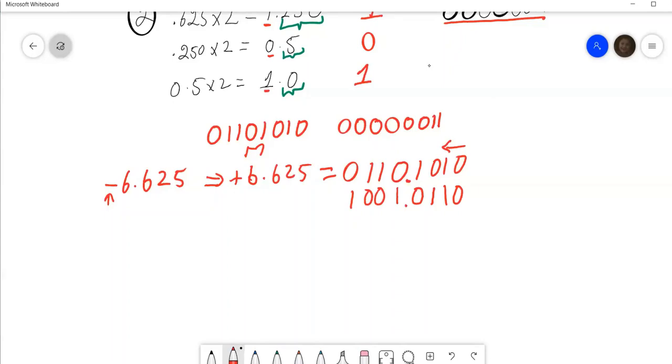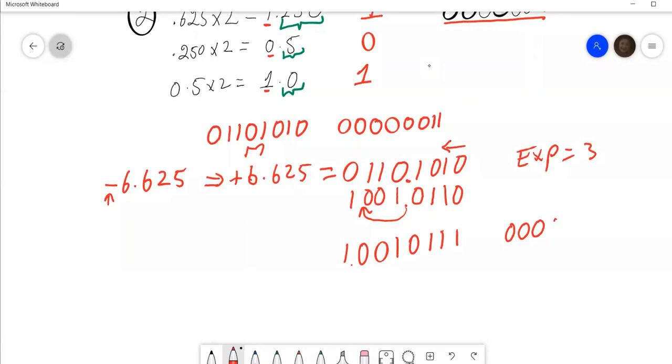Now we'll float it 3 decimal places. So our exponent is definitely again going to be a 3. So our answer will be 1, 0, 0, 1, 0, 1, 1, 0. And we know the decimal is over here. And our exponent is 0, 0, 0, 0, 0, 0, 1, 1.